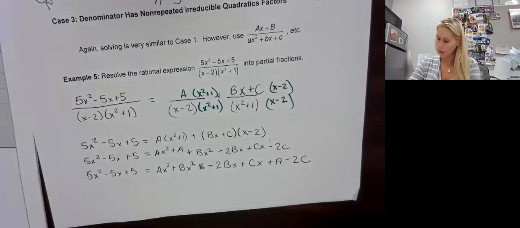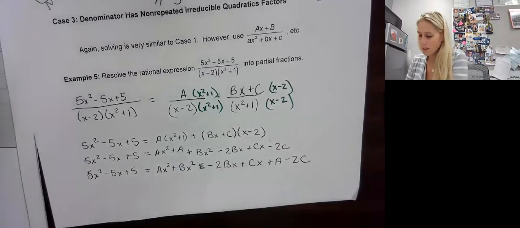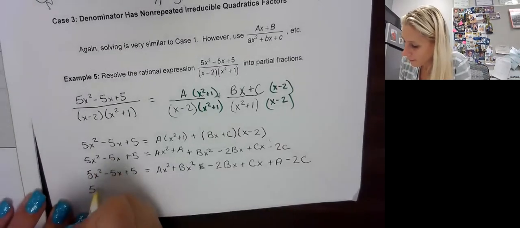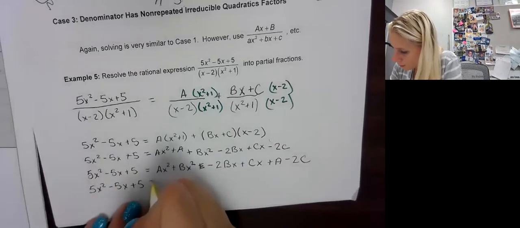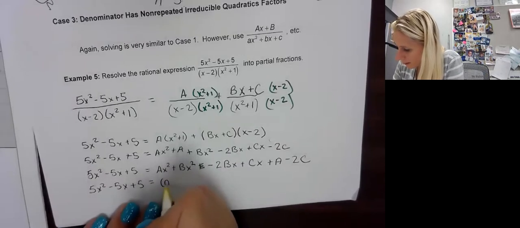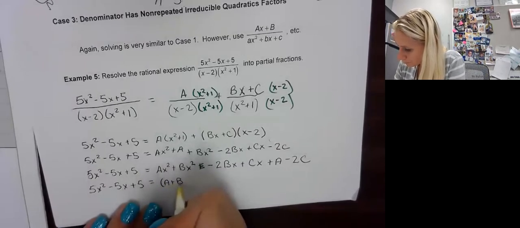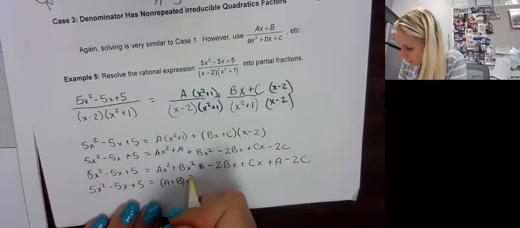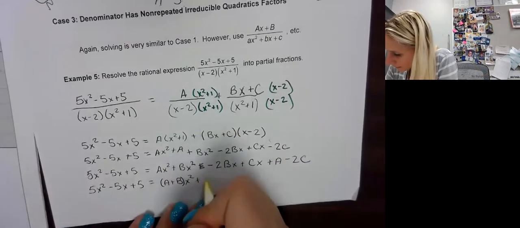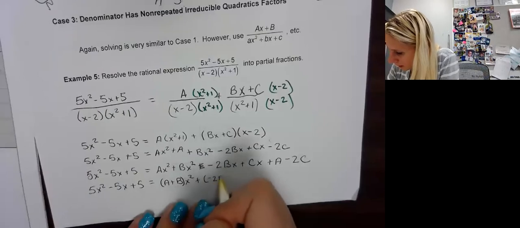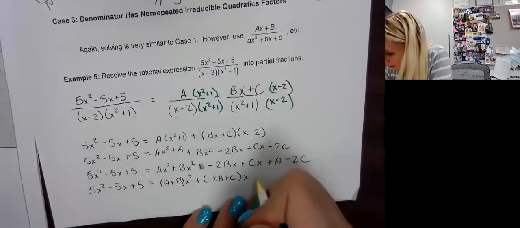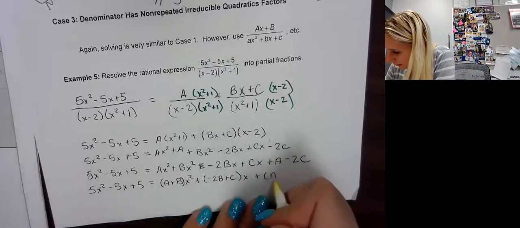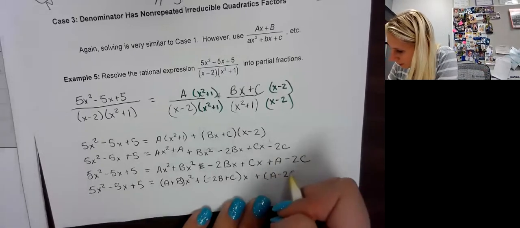Okay, very good. Now let's factor out. 5x squared minus 5x plus 5 equals a plus b times x squared plus negative 2b plus c times x plus a minus 2c.